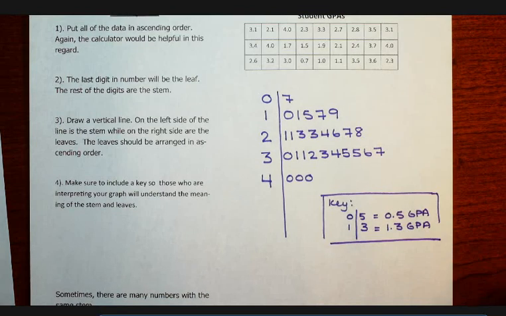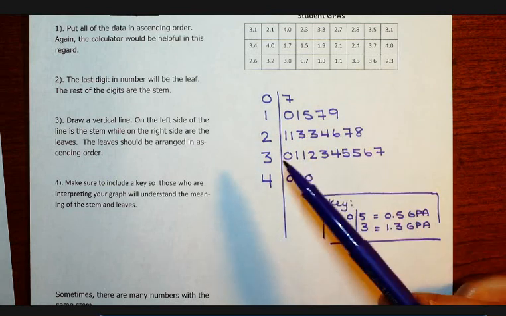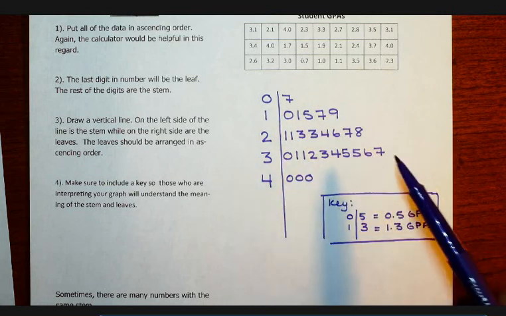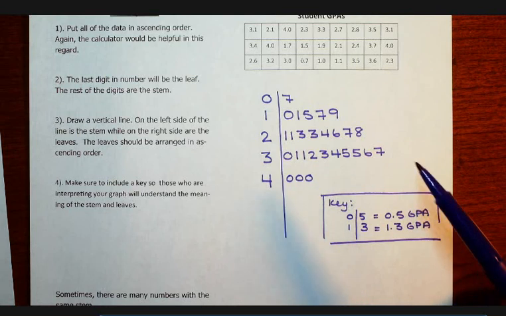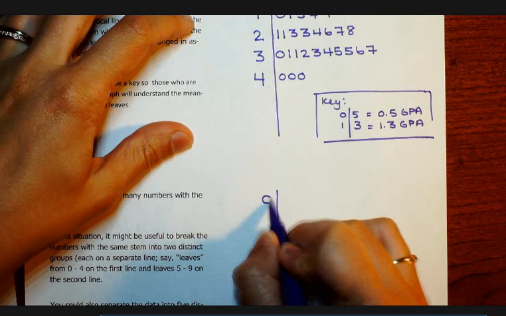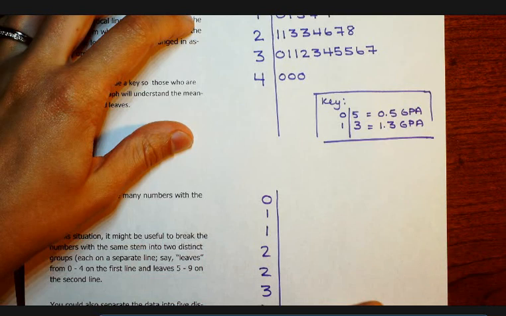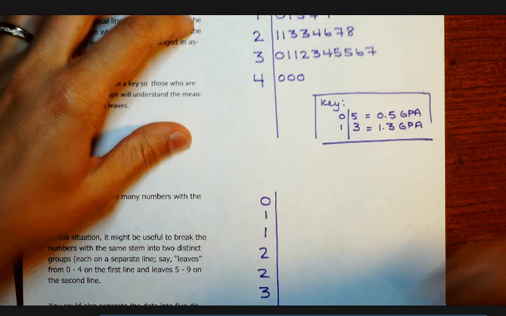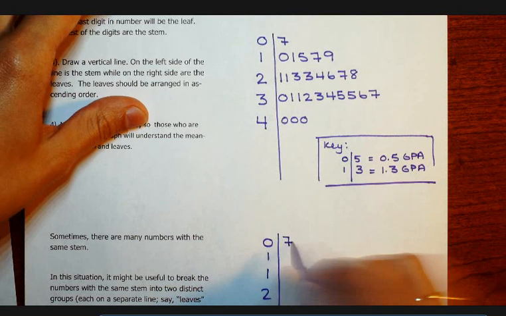But sometimes we have a list where one stem is particularly long. When this happens, it's useful to break the numbers with the same stem into two distinct groups. We call this splitting the stem. So for example, zero only has one value, so I'm just going to keep that 7 right there.